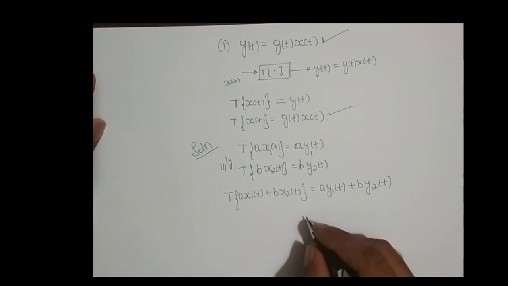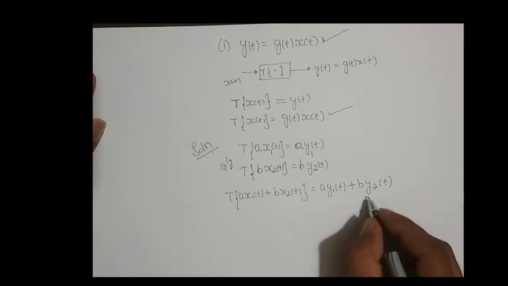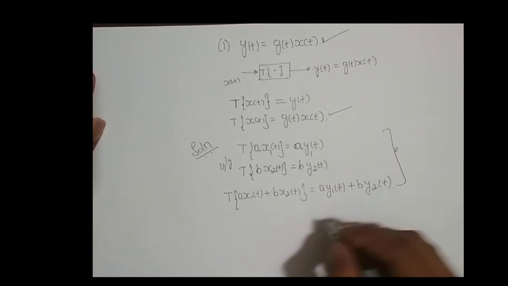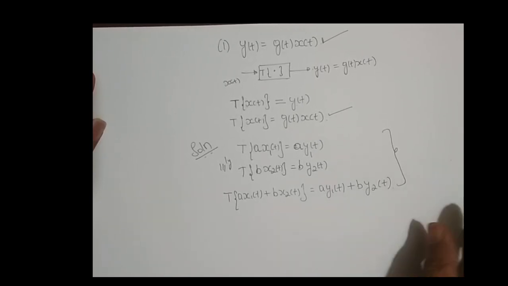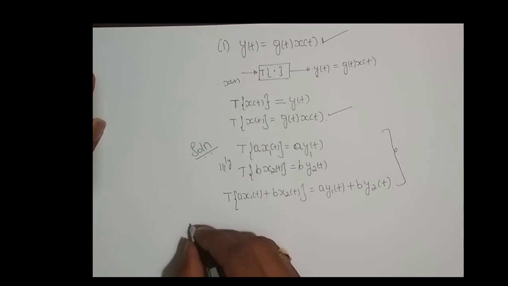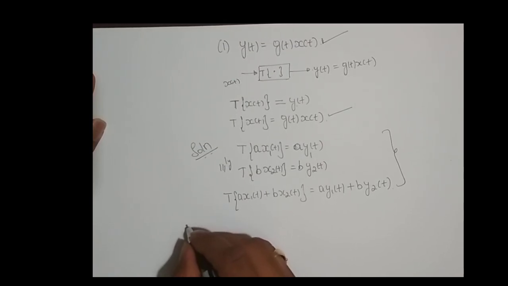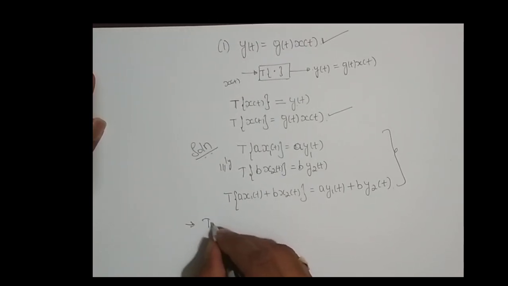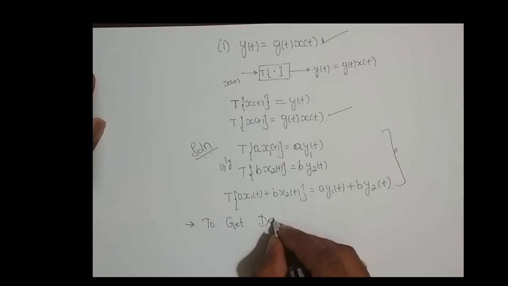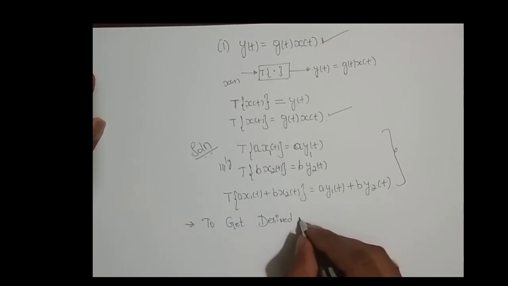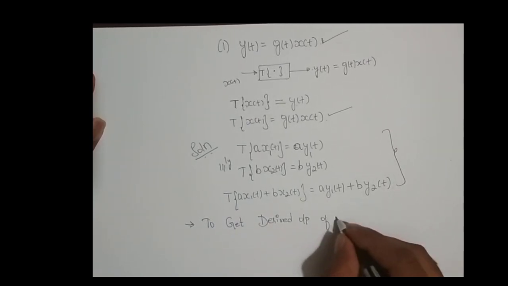Okay, so this is as per the statement of the linearity property. As I told you before, what is the first step? The first step is to get the desired output of a linear system.